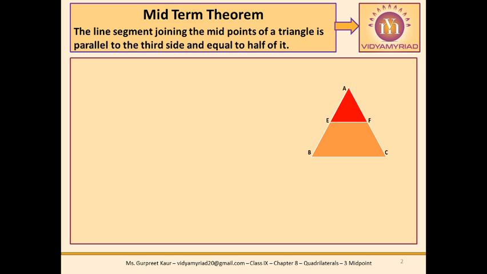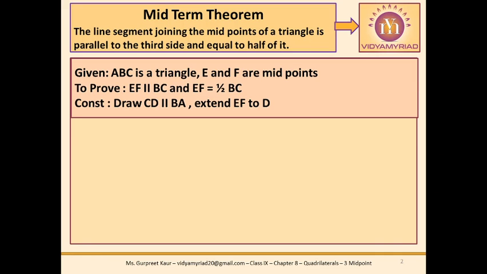Now we are given the triangle ABC and we have the points E and F as midpoints. What we have to prove here is that EF should be parallel to BC and EF should be half of BC. Let's begin.